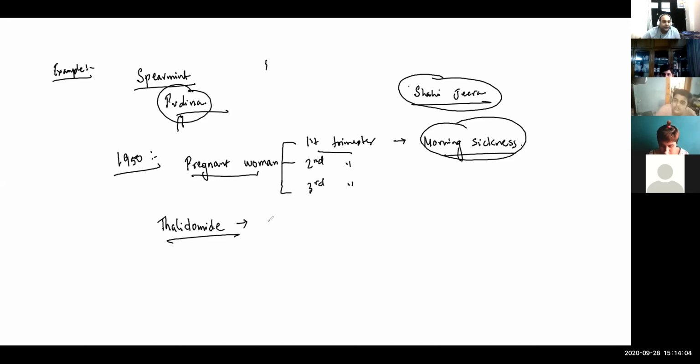Eventually, a study found that mothers who were taking this thalidomide drug were giving birth to babies with birth defects.